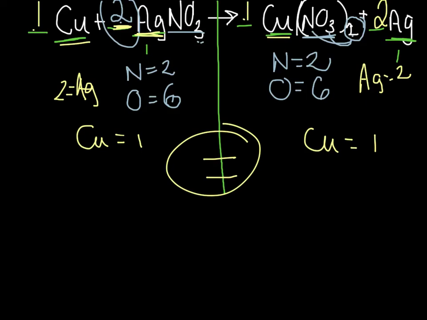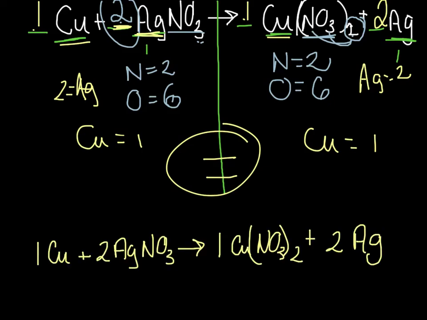Remember, if there's nothing there, you just assume that that's 1. So if I were to rewrite this, your equation should look like this. And remember, the coefficients that are 1s, you don't have to have those unless you want. So if you wanted to erase those, you could.